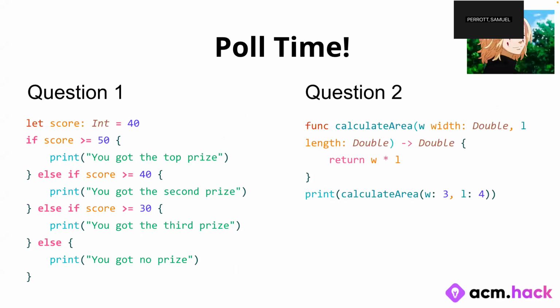All right, so let's do a review. Question 1, what gets printed? Okay, let's go fast. Yes, you're right. Okay, great. And then question 2, does anyone know what gets printed here?